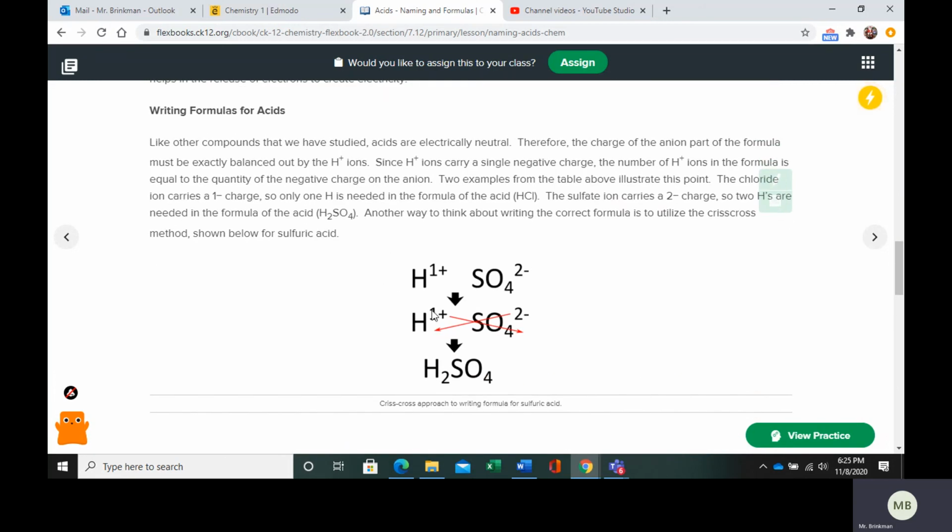Sometimes I get them mixed up. Which is a -2. You need 1 sulfate and 2 hydrogen. So +2, -2, we're even. Or else, you could figure out the charges and balance it out that way.